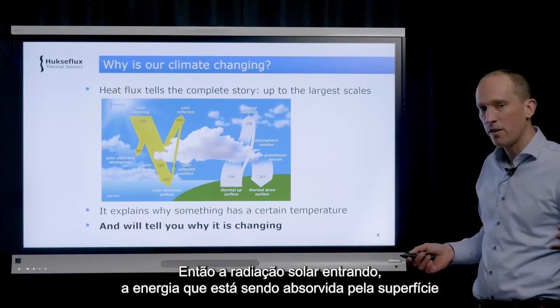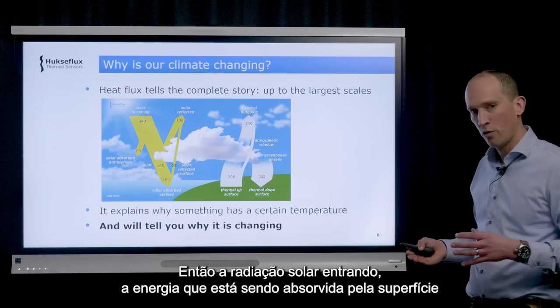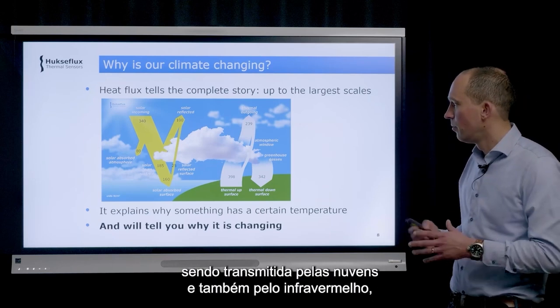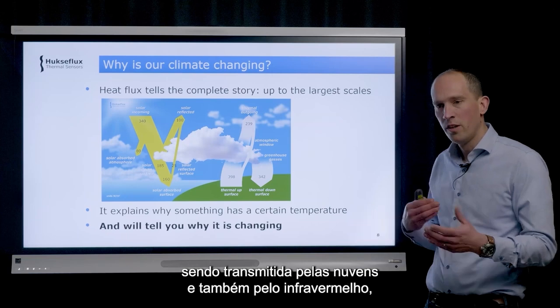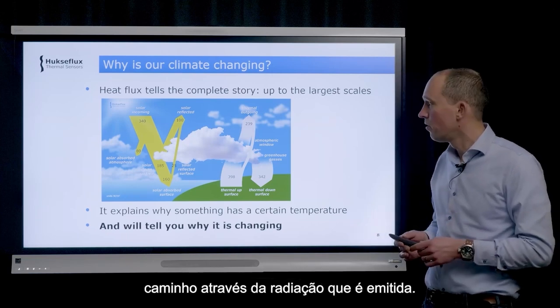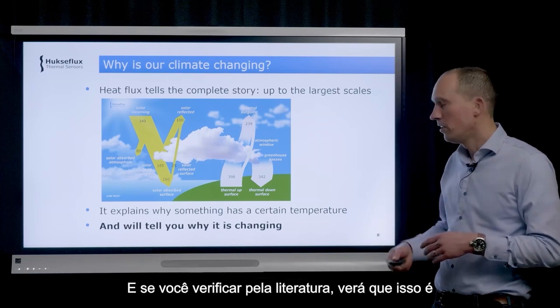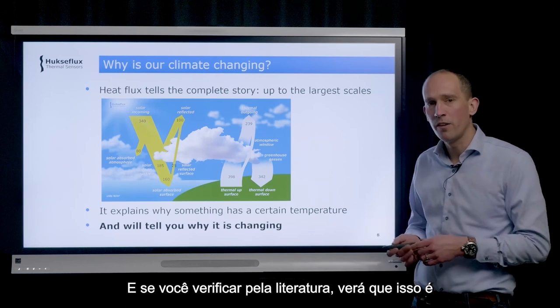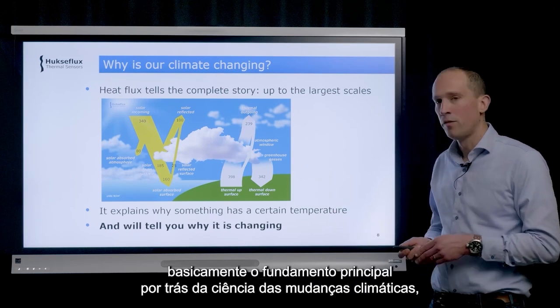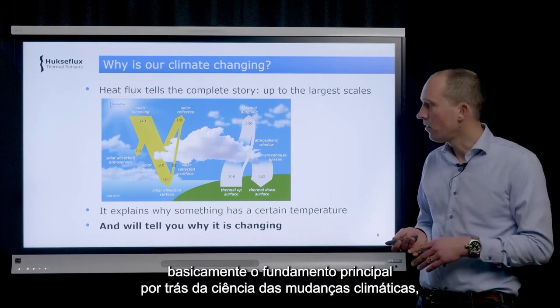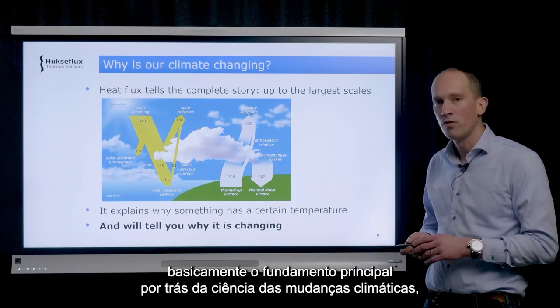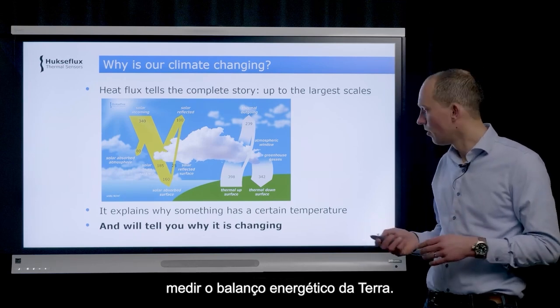So the solar radiation coming in, the energy being absorbed by the surface, being transmitted by clouds, and also the infrared, the long-wave radiation that is emitted. And if you go into literature, you actually see that this is basically the fundamental principle behind the science of climate change, measuring the energy budget of the Earth.